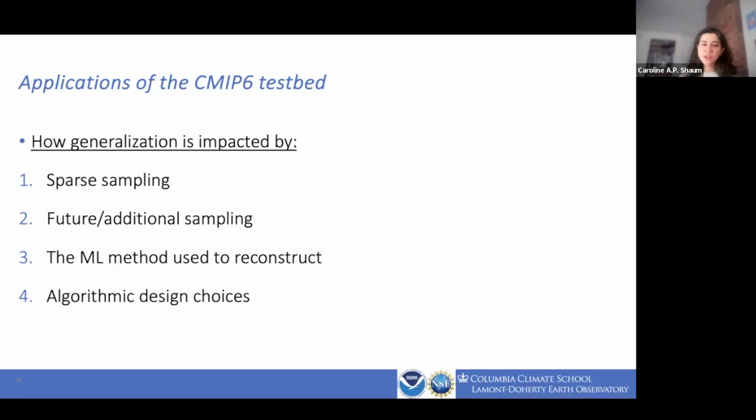And we can also look at how our machine learning method and our specific algorithmic design choices can affect our final results. Because it's not just all based on what we feed into the machine learning, it's also based on how we set up the machine learning at the start.